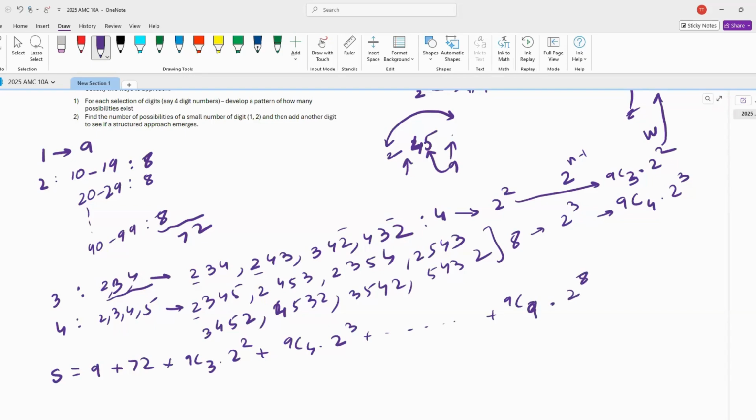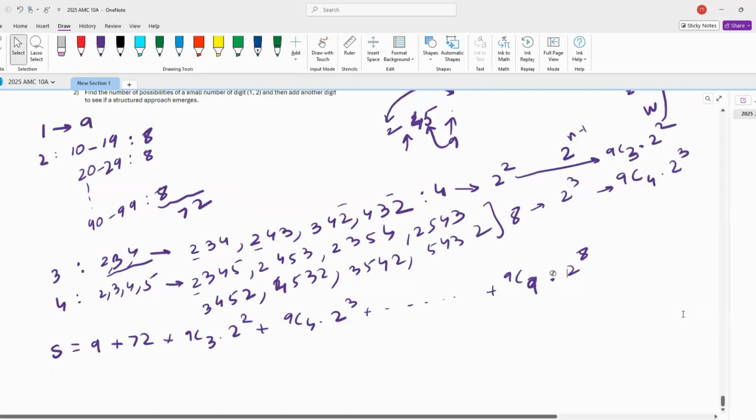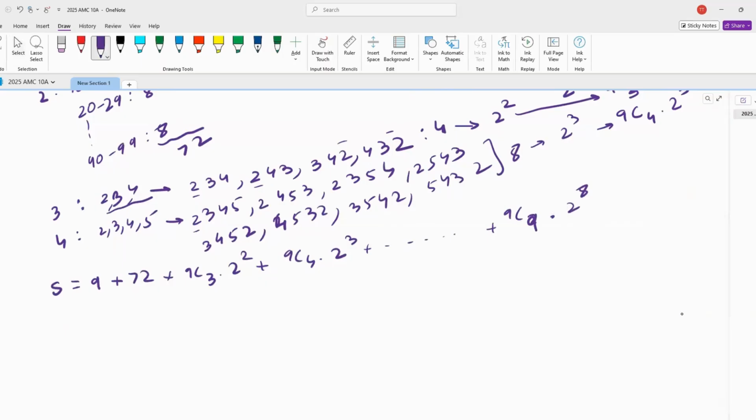Now, looking at this pattern, my hypothesis is that this is likely going to be equal to 9 choose 2 times 2, going by this pattern, right? And if we look at that, it is exactly 72. 9 choose 2 times 2 is going to be equal to 72. And this should be equal to 9 choose 1 times 2 to the power 0, which is 9.